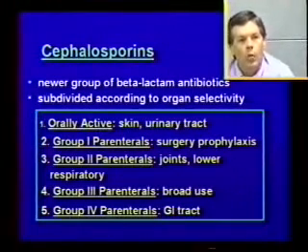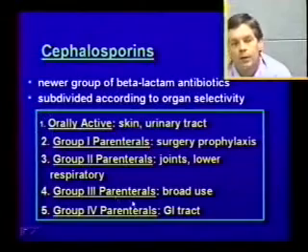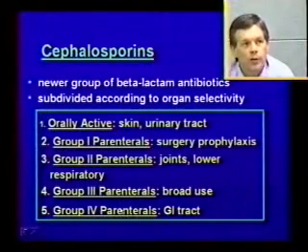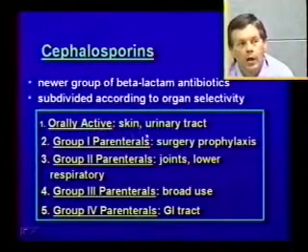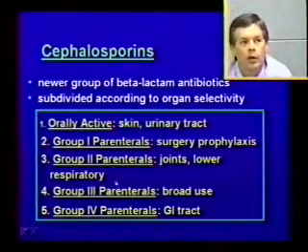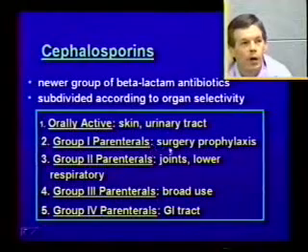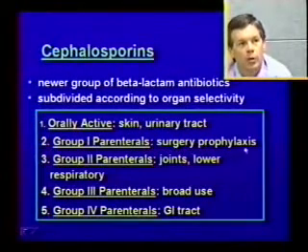And so one common breakdown on this group of drugs is shown here, where I've listed 5 different subgroups of the cephalosporins. The orally active agents are commonly used for infections in skin and urinary tract, and then there are a variety of parenteral agents, the group 1 through group 4, which have different indications therapeutically in and of themselves.